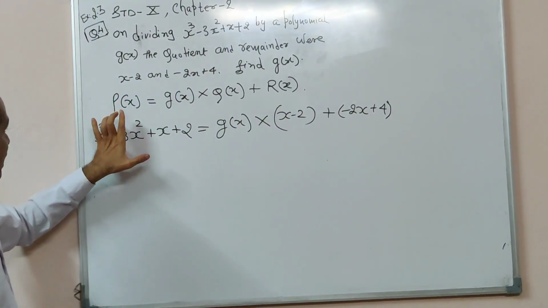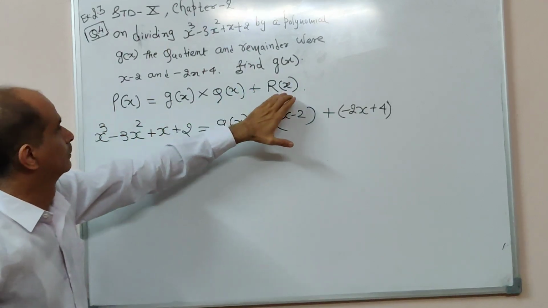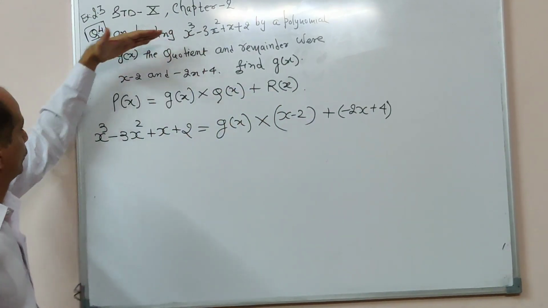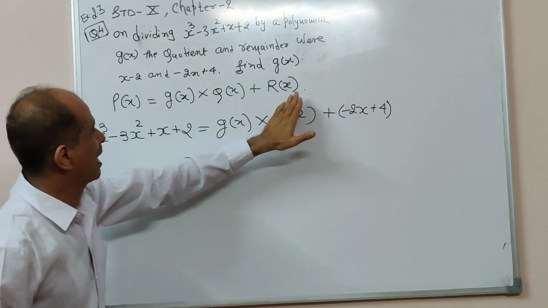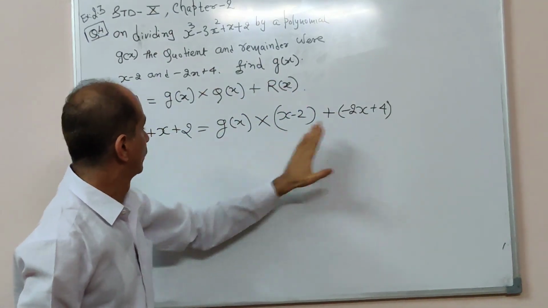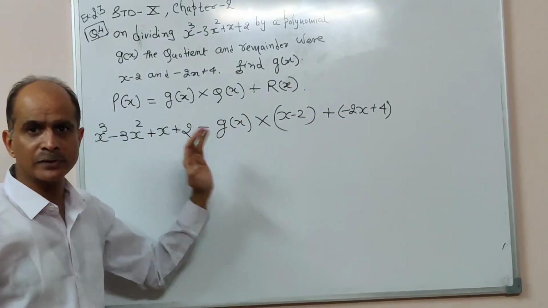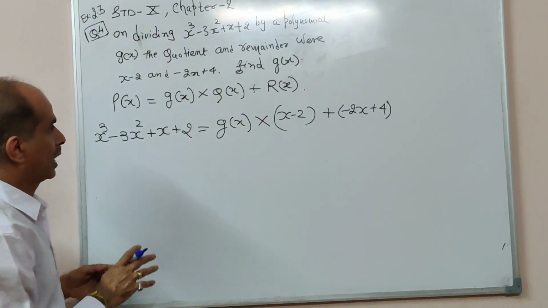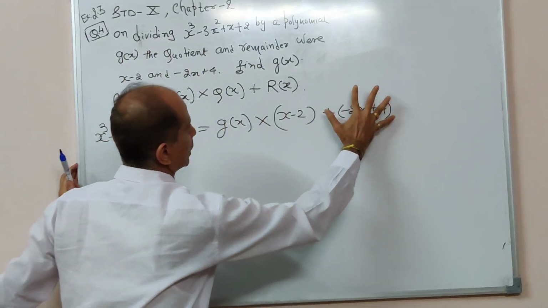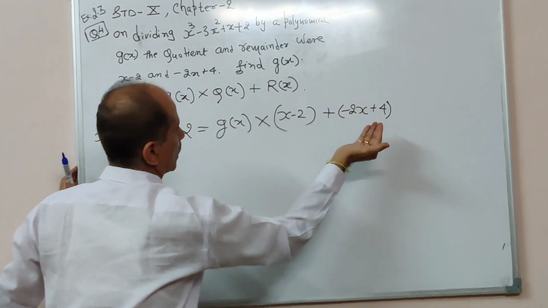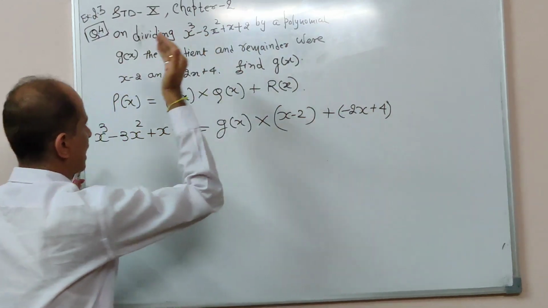So first of all, write down the division algorithm. p(x) is given to you, q(x) and r(x) are also given to you. Your question is to find g(x). So put the values. Now you can bring this minus 2x plus 4 from the right hand side to the left hand side.